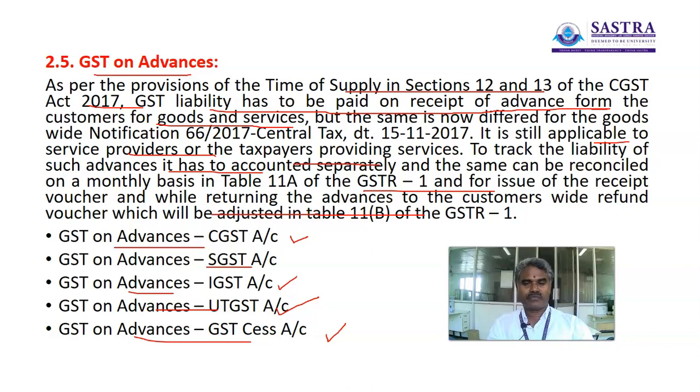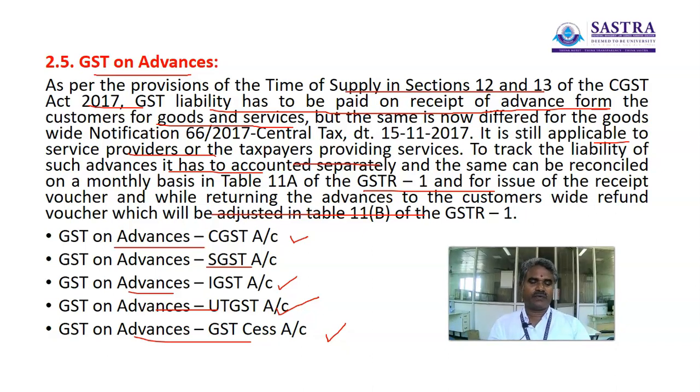Whenever you pay advance, this advance will be adjusted not only against CGST, but also against SGST, IGST, UTGST, and GST cess. What I am doing is explaining all of it, and later on we have to pass entries for all the transactions one by one, my dear students. So these are all the entries we are going to pass.